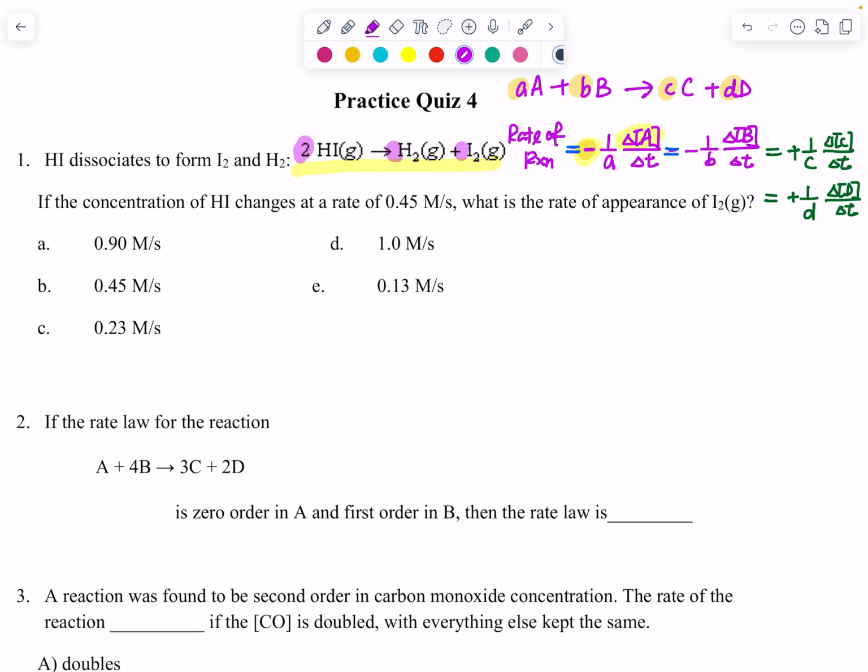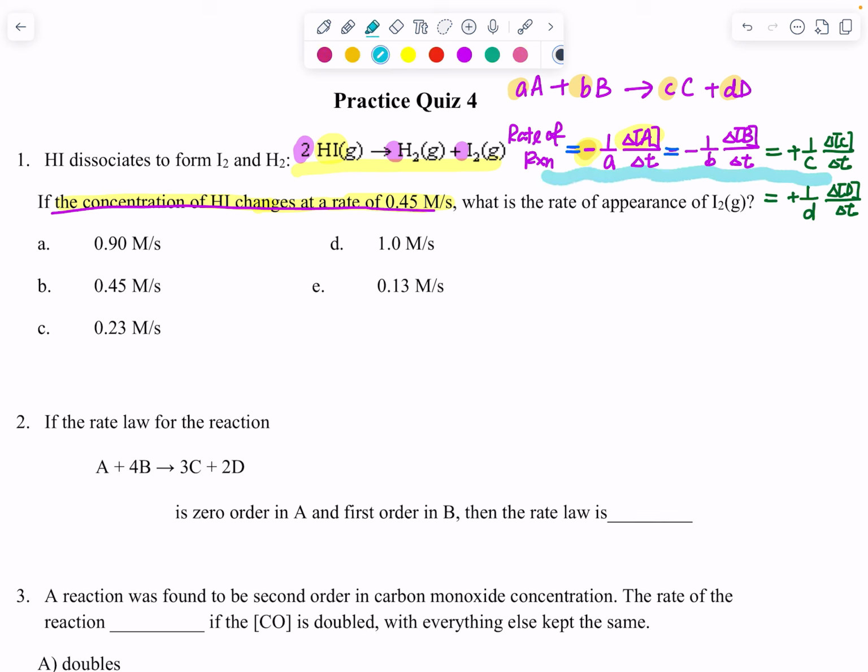Now that's really the question. The question is saying that the concentration of HI, which is our reactant, changes at a rate of 0.45 molar per second. I'm going to express this sentence with expressions like we did earlier.